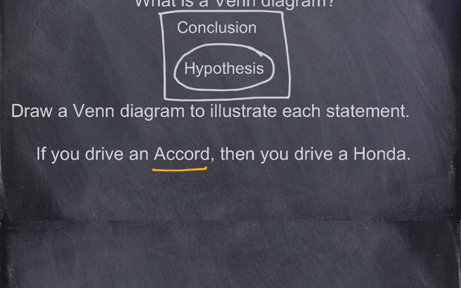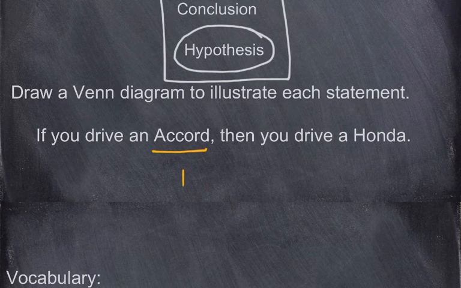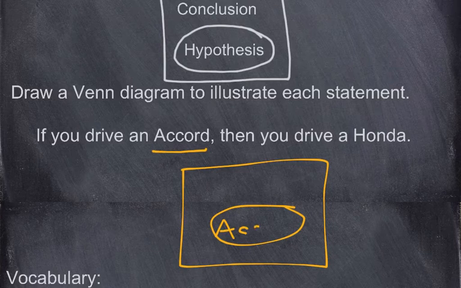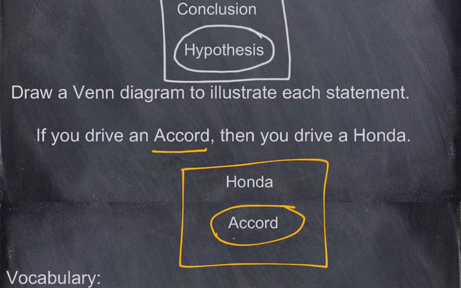So when we draw our diagram here, the Accord would go on the inside. You know what, I'm just going to type. It makes it easier to read. And there we have it. Again, all Accords are Hondas, but not all Hondas are Accords. So the hypothesis will go on the inside, the conclusion will go on the outside, but still within that box. Okay? This is how we draw a Venn diagram.